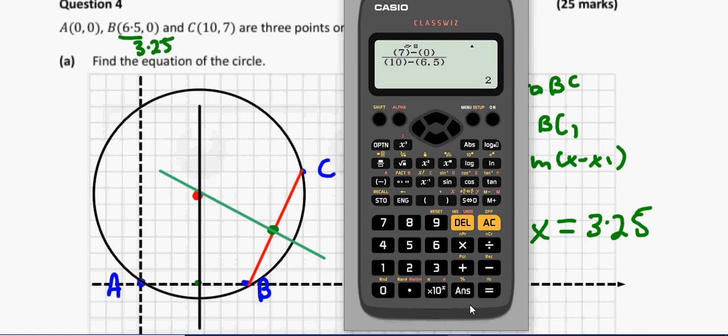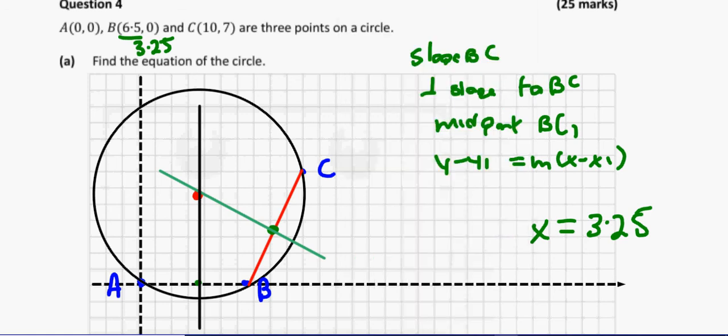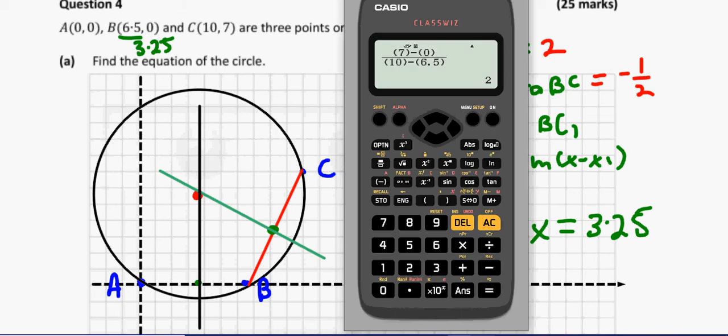What you get is a slope of 2. Slope of BC is equal to 2. Perpendicular slope to BC is minus a half. Next thing we're going to do is find the midpoint of BC. Once again, that's very easy. Add the x values together and divide by 2. 6.5 plus 10.